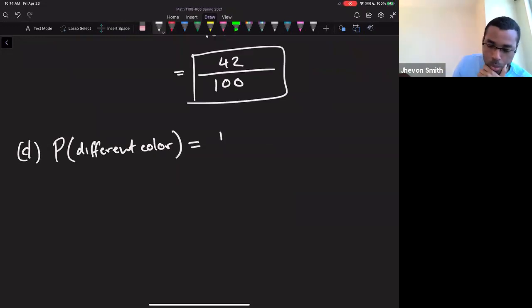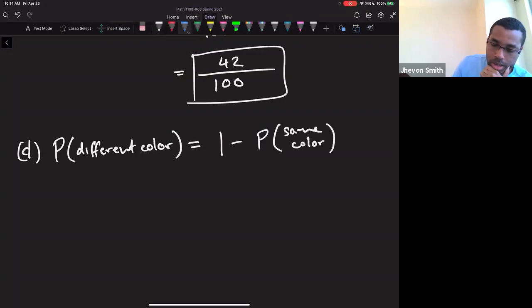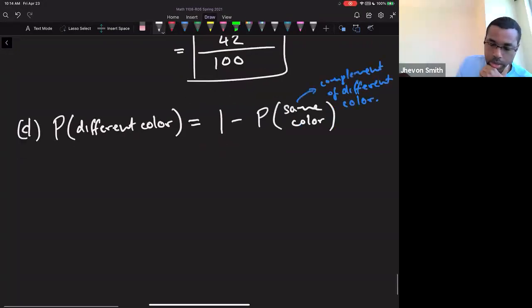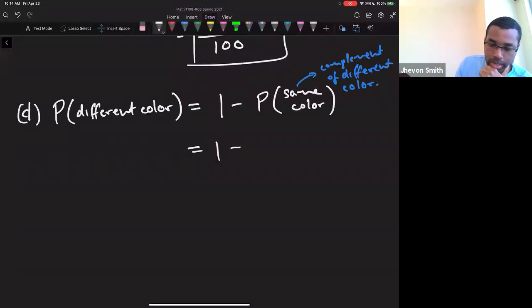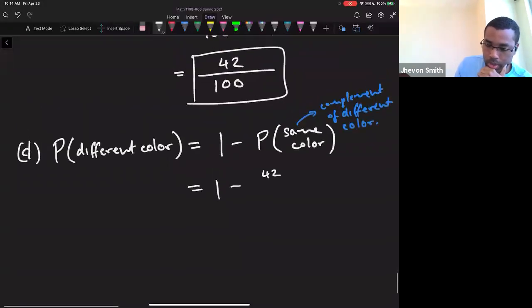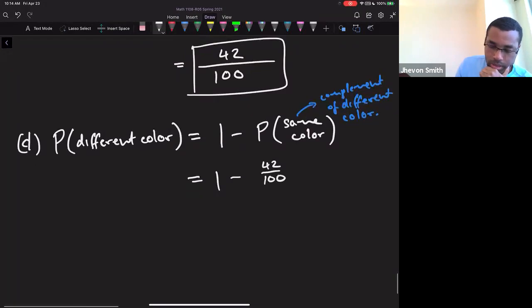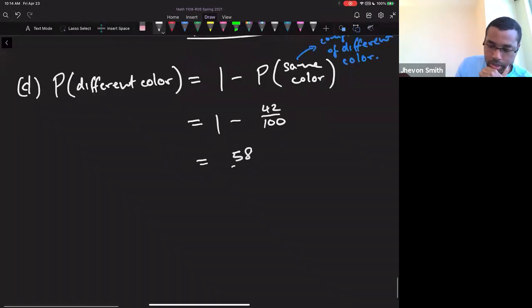So this is just 1 minus the probability of getting the same color, because that's the complement of different color. So we would have 1 minus 42 over 100. So that gives you 58 over 100.